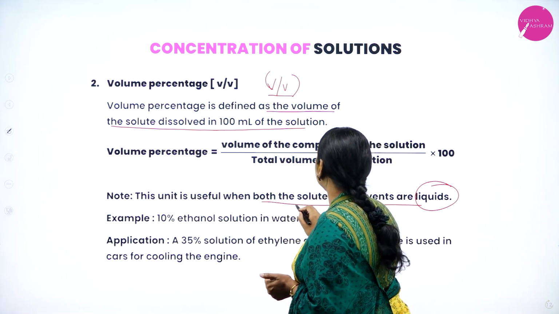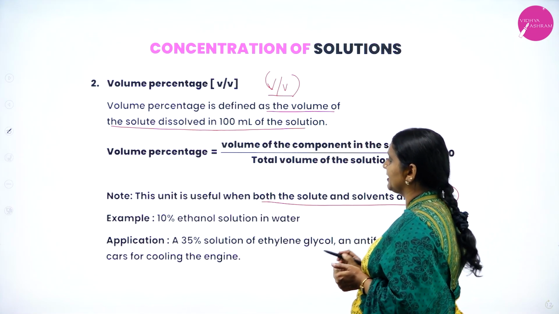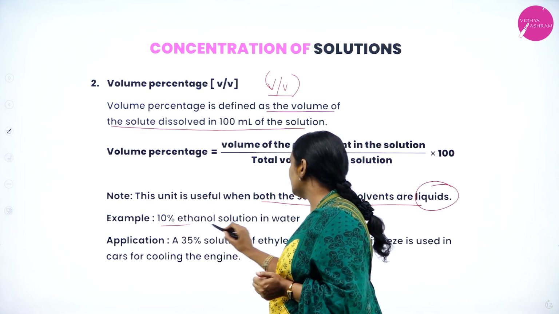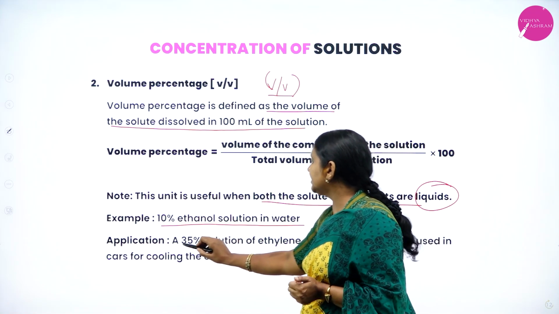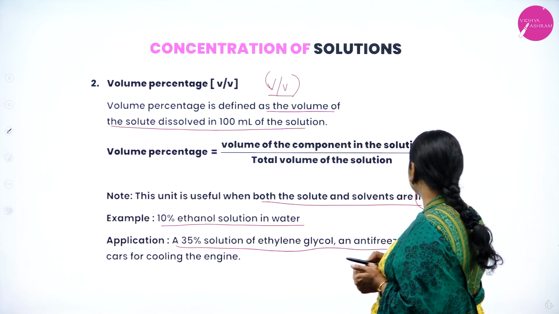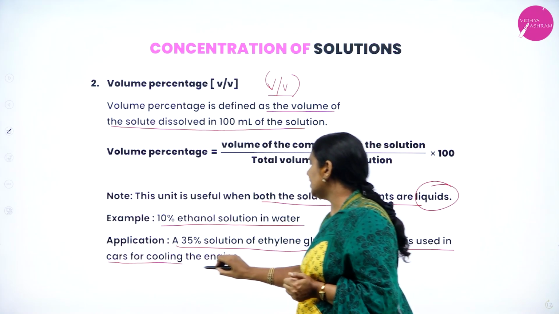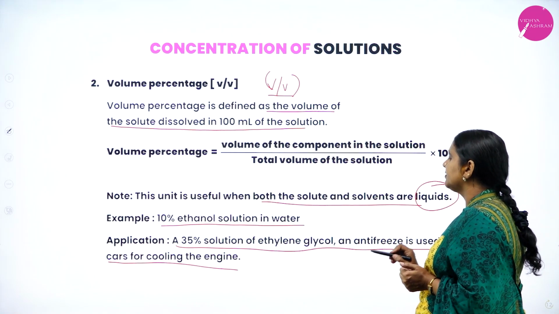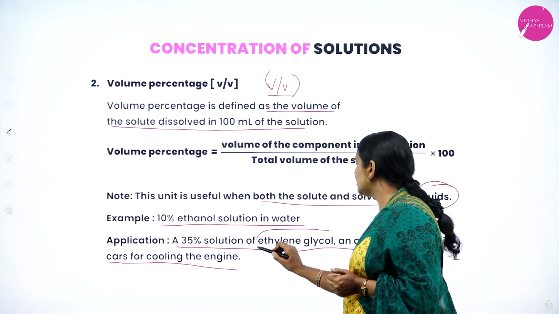It is useful when both solute and solvent are liquid. For example, 10% of ethanol dissolved in water. A 35% solution of ethylene glycol is an antifreeze used in cars for cooling the engine. To cool engines in cars, they use ethylene glycol. What's the percentage of ethylene glycol?